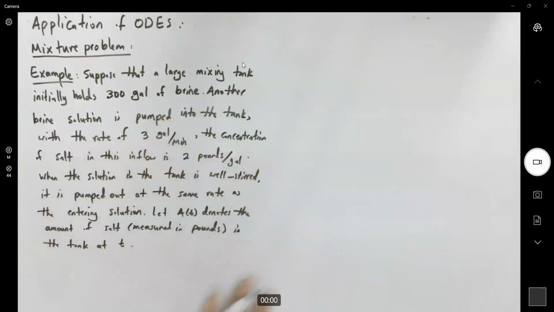So we're going to write a differential equation connecting these together.